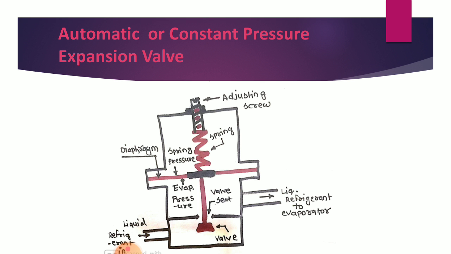This increase in evaporator pressure causes the diaphragm to move upward and the valve is closed, and it remains closed until the compressor starts again and reduces the pressure in the evaporator.